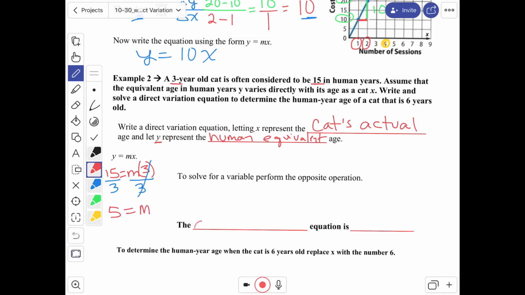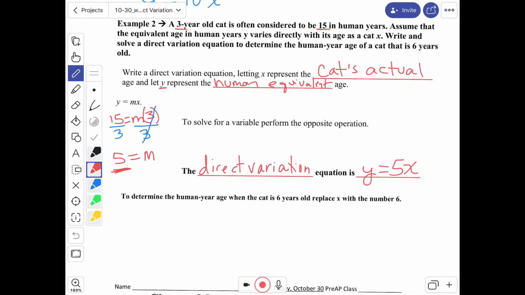So the direct variation equation is going to be y equals 5 times x, because I'm plugging in the 5 where the m was.